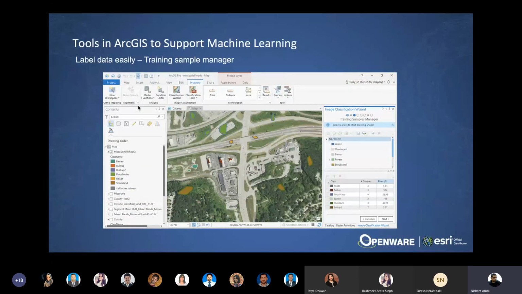Now, in order for us to run these workflows, ArcGIS provides us state-of-the-art tools which are easy to use. So in case of a classification that we are trying to impose on imagery, in supervised image classification, we need to train the classifier to assign pixels or objects to a given class using the training samples.